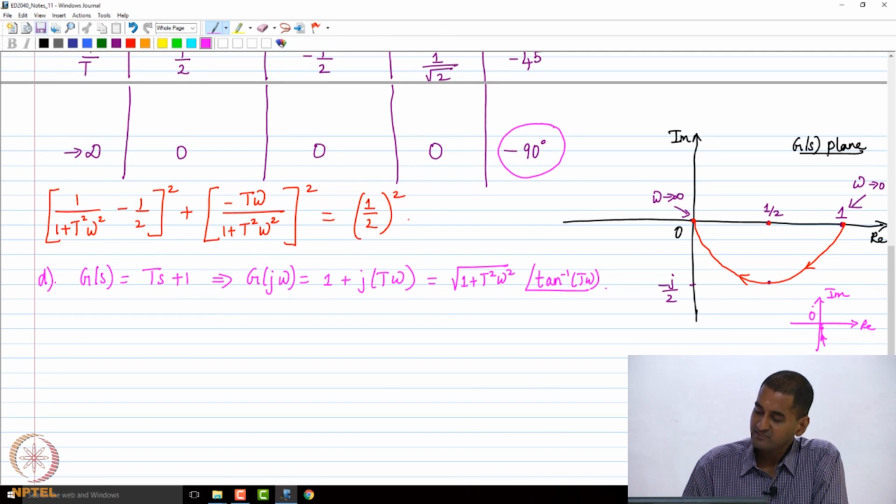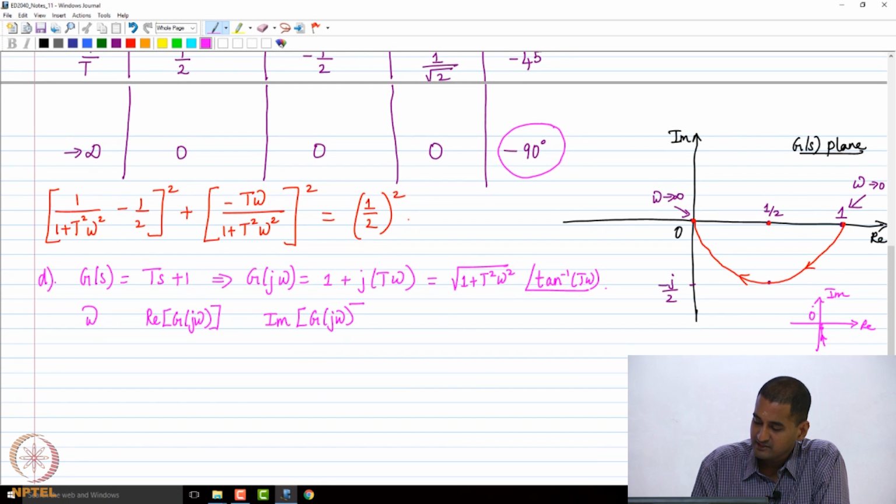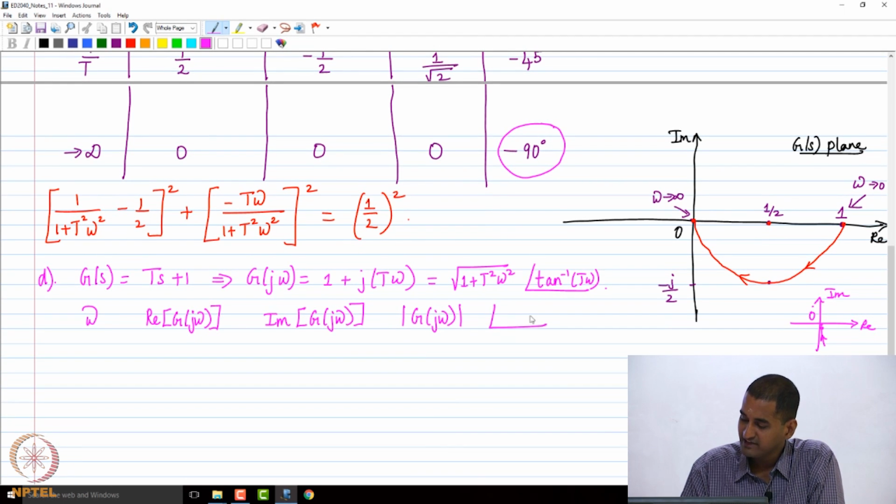And now let's construct a similar table, right? Omega, real part of G of j omega, the imaginary part of G of j omega, the magnitude of G of j omega, and the phase of G of j omega.